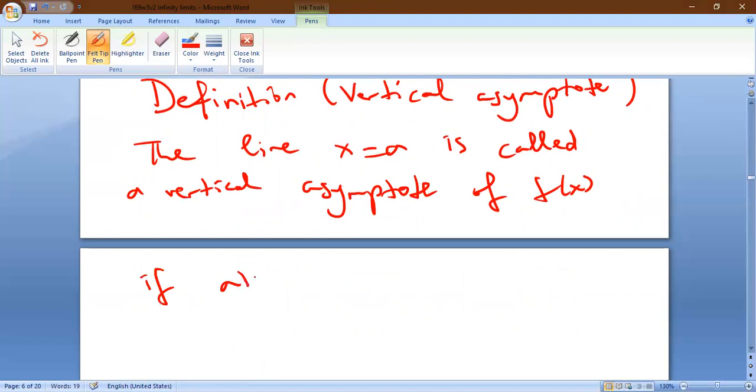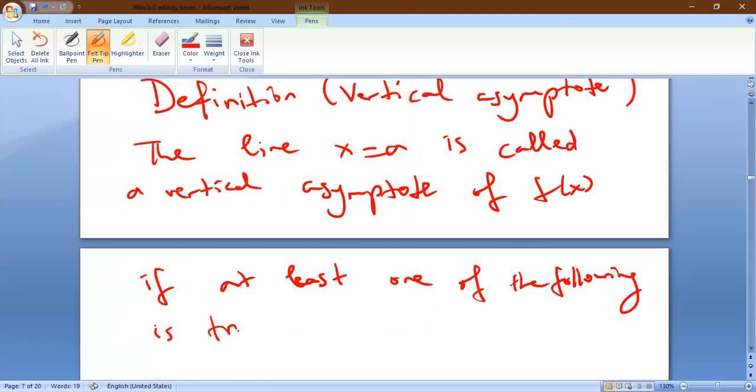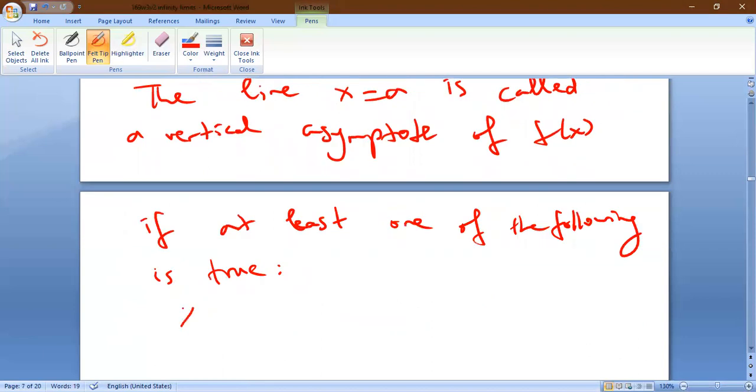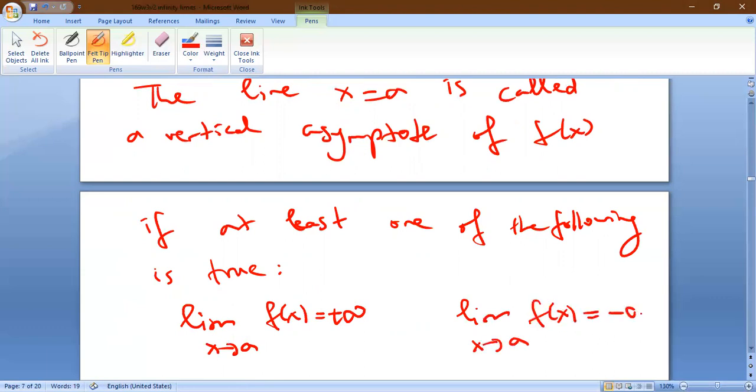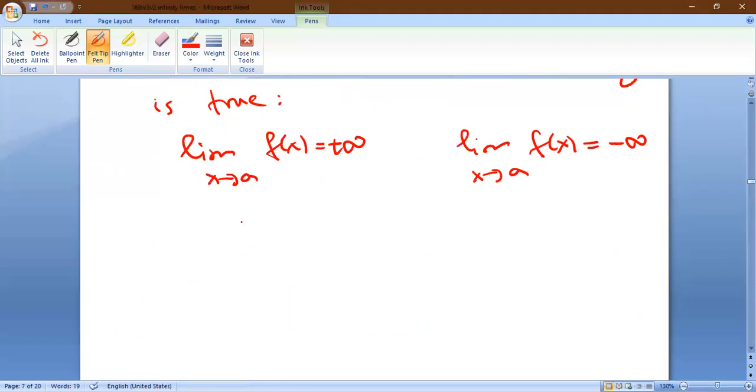If at least one of the following is true. So what are these things? We can have the limit as x goes to a is plus infinity or minus infinity. So this is the case like this. x equals a is a vertical asymptote.